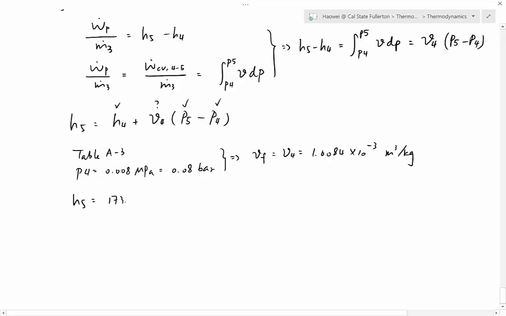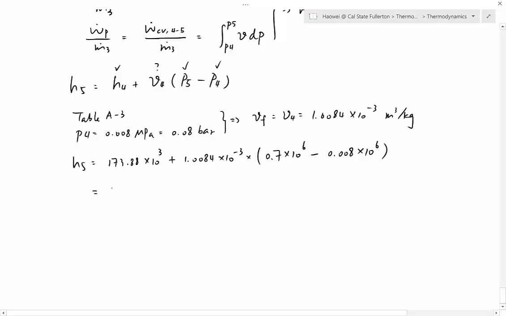H4, 173.88 times 1000 to convert kilojoule to joule, plus 1.0084 times 10 to negative 3, SI unit already, multiplied by P5, which is 0.7 megapascal, so times 10 to the 6 to convert megapascal to pascal, minus P4, 0.008 megapascal, so times 10 to the 6. Again, the solution for H5 is 174.6 times 10 to the third with SI unit, which is joule per kilogram. And then one more step, that gives you 174.6 kilojoule per kilogram. So this is how you find H5.